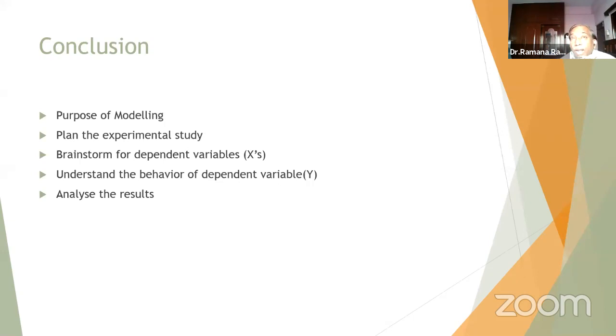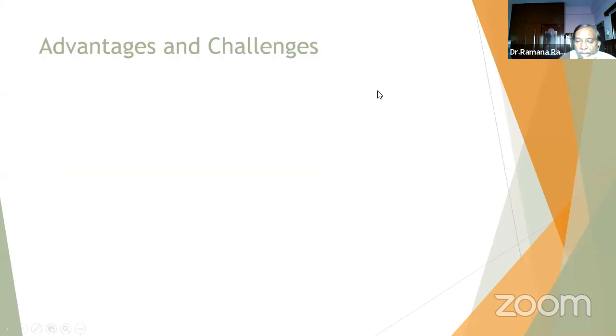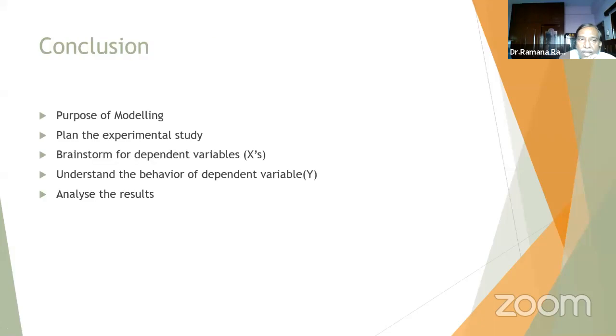And Laplace transform you can also use in electrical engineering or electronics for understanding the study of systems. That is mathematical modeling. Statistical modeling is where you have randomness associated with the independent variables.